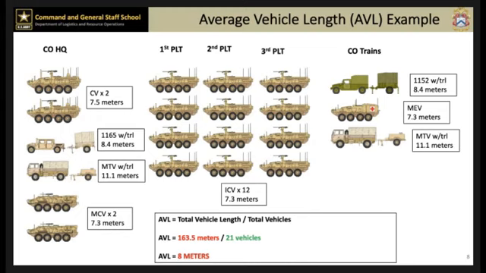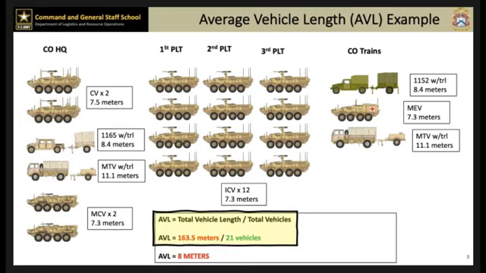Well, here's an example of calculating the average vehicle length for a Stryker company with sustainment assets from both the forward support company and the battalion medical platoon attached for movement. We'd also need to know the vehicle weight, height, and width, because this will tell us if the MSR infrastructure, for example, the bridges and tunnels, is sufficient to support our vehicles.